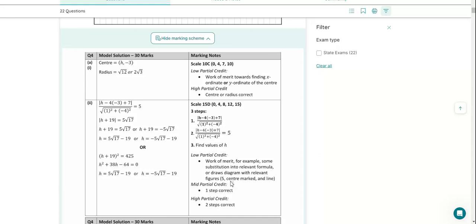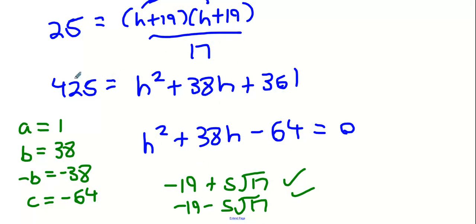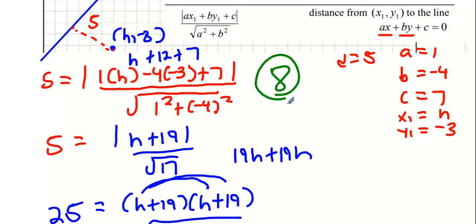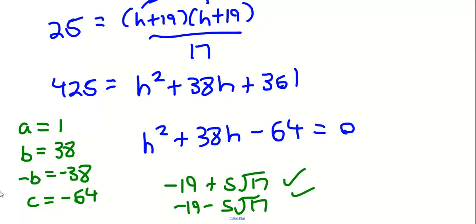Part 2, 1 step correct. Well, it says 3 steps, so technically they're given 8. If you substitute fully correct, you're getting 8 out of 15. So yeah, believe it or not, about this stage, it was worthy of 8 out of 15 right here. I have it the opposite way around.